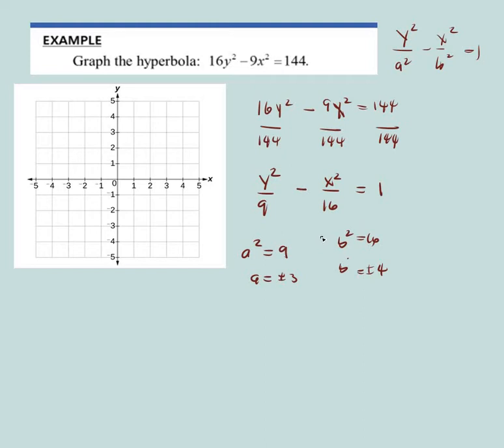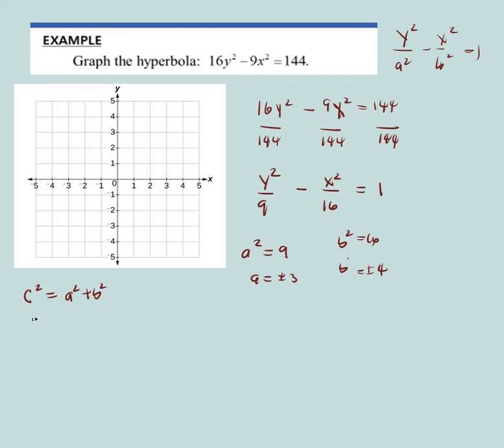Now, if we want to calculate the foci for a hyperbola, c squared is equal to a squared plus b squared. You remember the other one was a squared minus b squared, and this one is plus. This is a hyperbola.